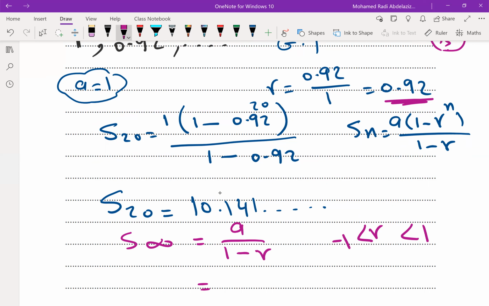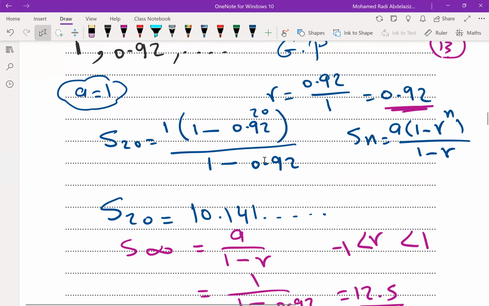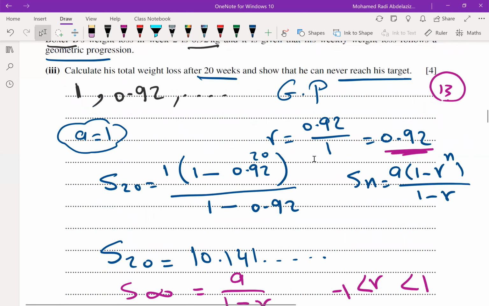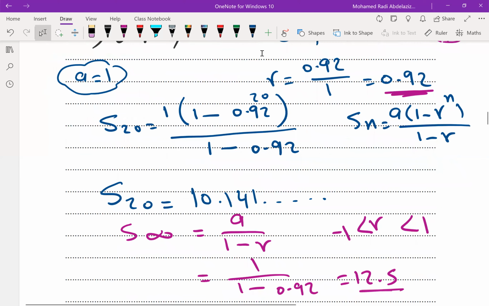So a is 1 over 1 minus 0.92. Try to calculate this value. It will be 1 divided by 1 minus 0.92, so the final answer is 12.5. So the maximum value you will get is 12.5. This means he never reaches his target. That's it.